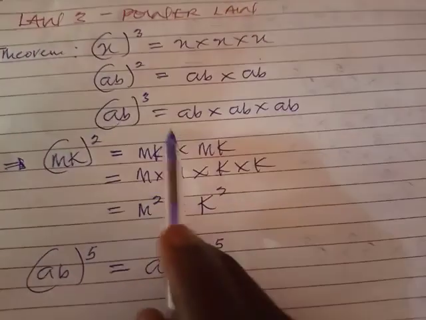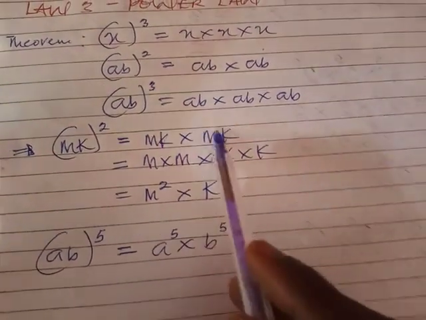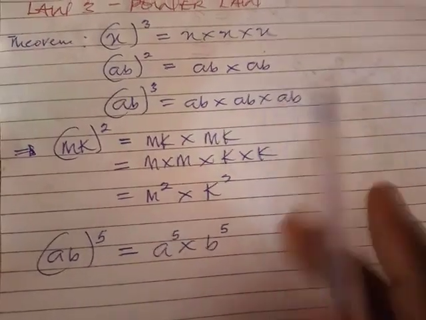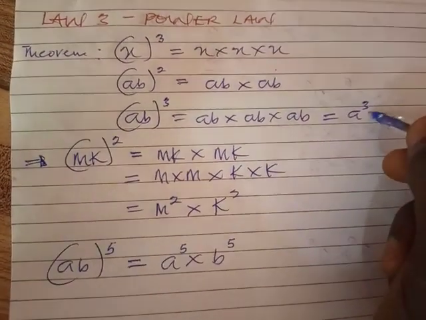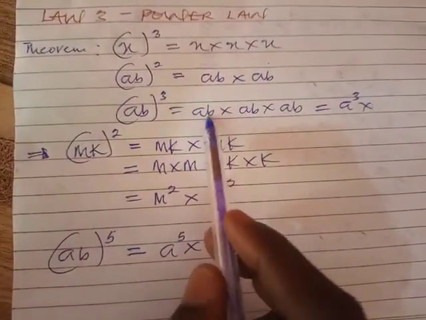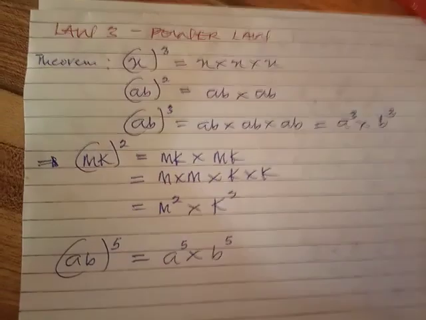So with this case, you can see that we have an exponent of 3, and how many A's do we have here? We have 3 A's. So A multiplies itself 3 times. And how many B's do we have here? We have 1, 2, 3 B's. B multiplying itself 3 times.